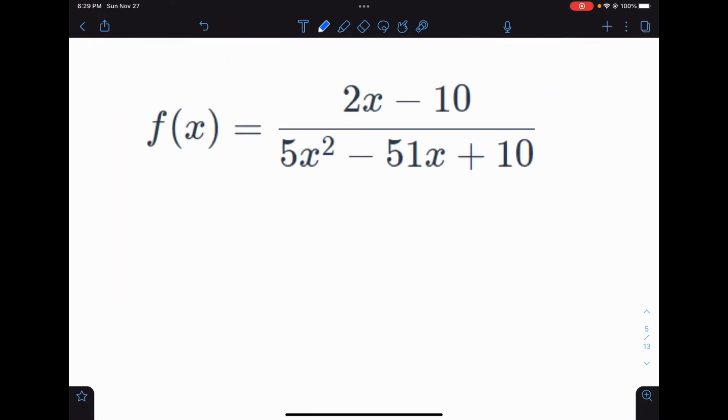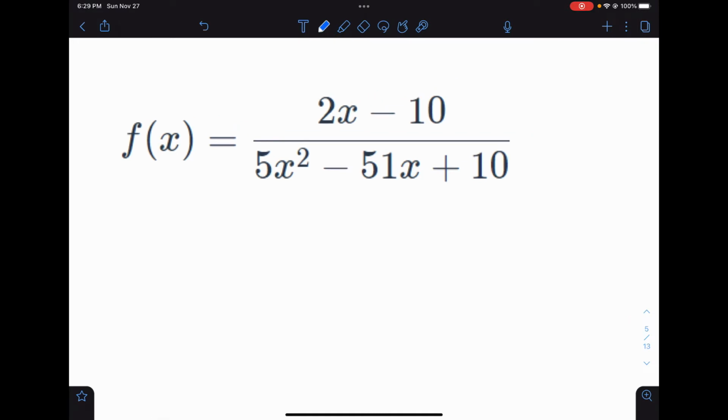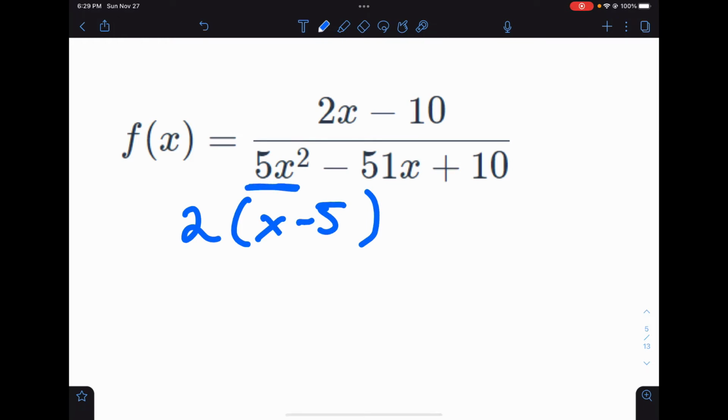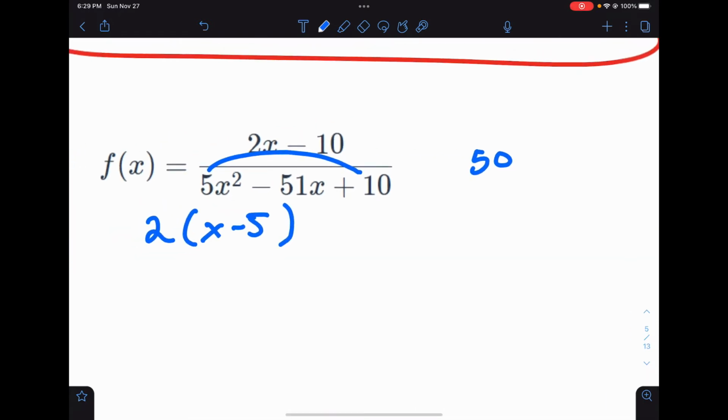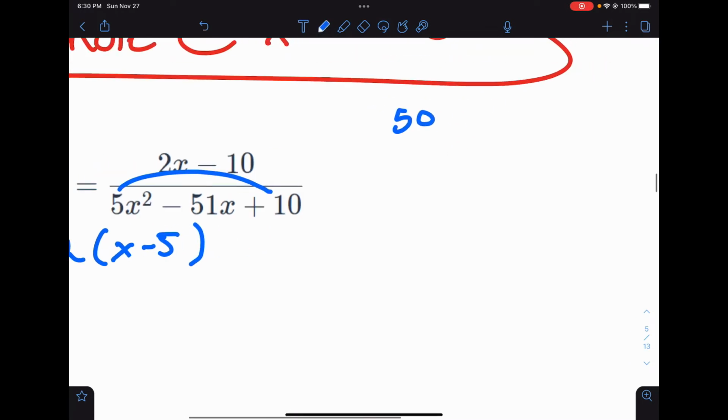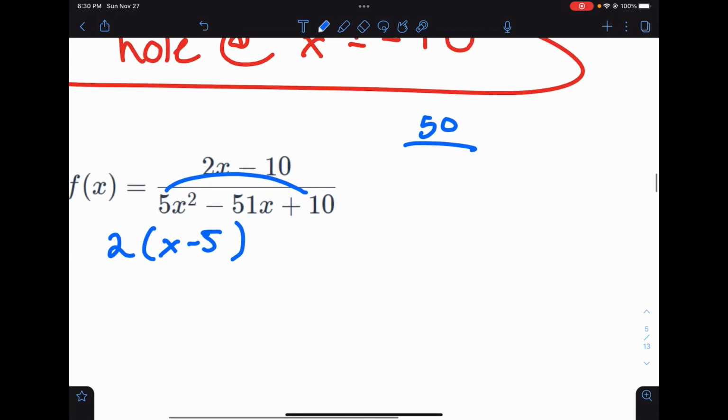All right. So we'll go ahead and we can factor the numerator quite easily here. We've got 2x minus 5, all right. Now, of course, we want to look and see if there's a GCF here, and unfortunately, there's not. I can't take a 5 out of 51, so that's where we got to do that AC factoring, where we're going to multiply here, and we get a 50, all right? So we've got to figure out what's going to multiply to 50, add to negative 51.